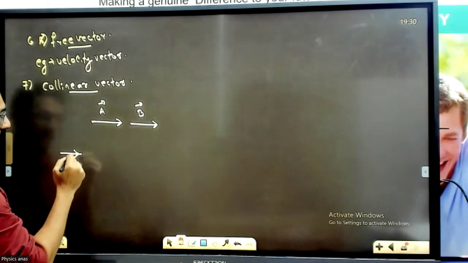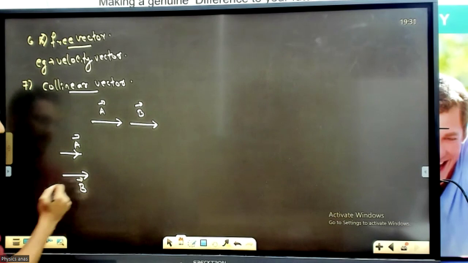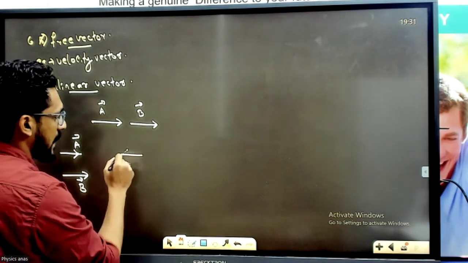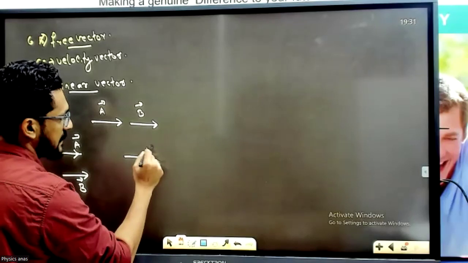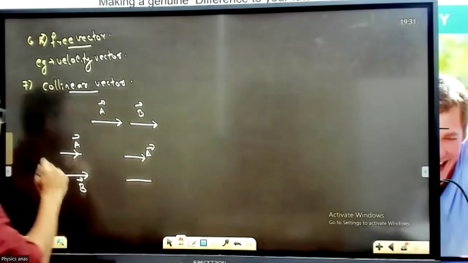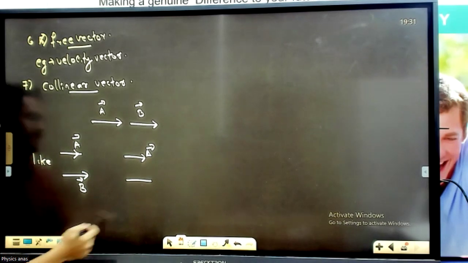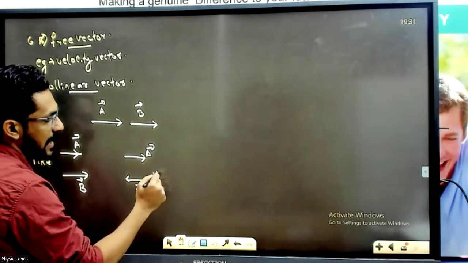Vector A and this vector B are collinear because they are parallel. In the parallel case, there may be two cases. They are like parallel, and if B is in the opposite direction, they are unlike parallel.